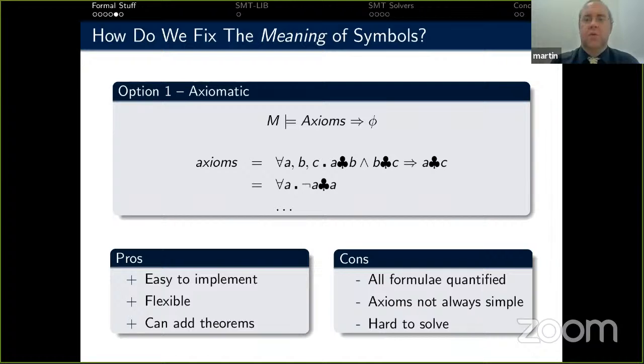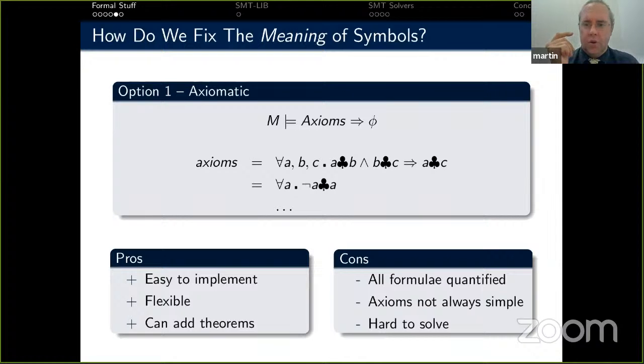Anything people can describe in first order logic, you can do. Downsides: all of your formulae are quantified, and often very, very quantified. Practically, if you want to get stuff done, you need tons of axioms, and often they are not simple.